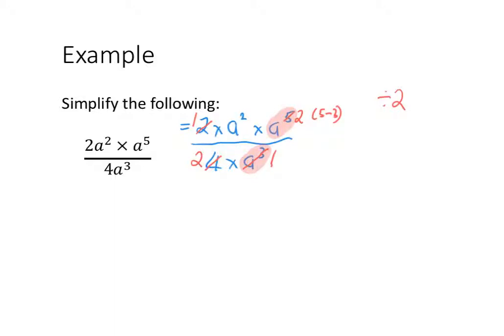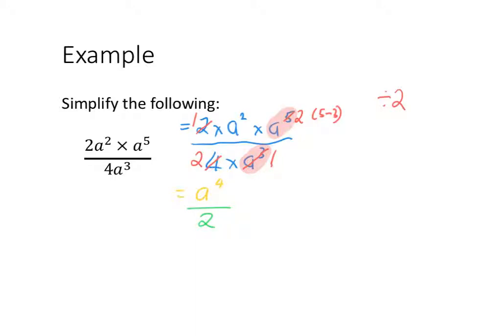So now that I've cancelled out all my common factors, I can go ahead and multiply what is left in my numerator. So that's going to be a squared times a squared. So that is going to be a to the power of 4 using my first index law, where I add my indices together when I multiply, divided by 2 times 1 is equal to 2.